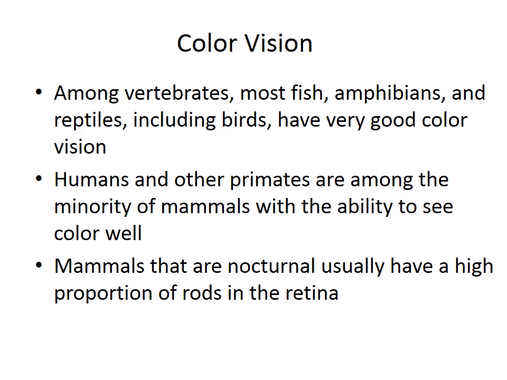Mammals generally don't see color, which is why we sometimes say that our dogs probably can't tell what color it has. But it's very interesting how some of the mammals decided not to spend energy on color and the others did. Mammals that are nocturnal usually have a high proportion of rods in the retina, so they wouldn't really see in color because they don't really need to. It's dark already. They just need to see gradations of gray.